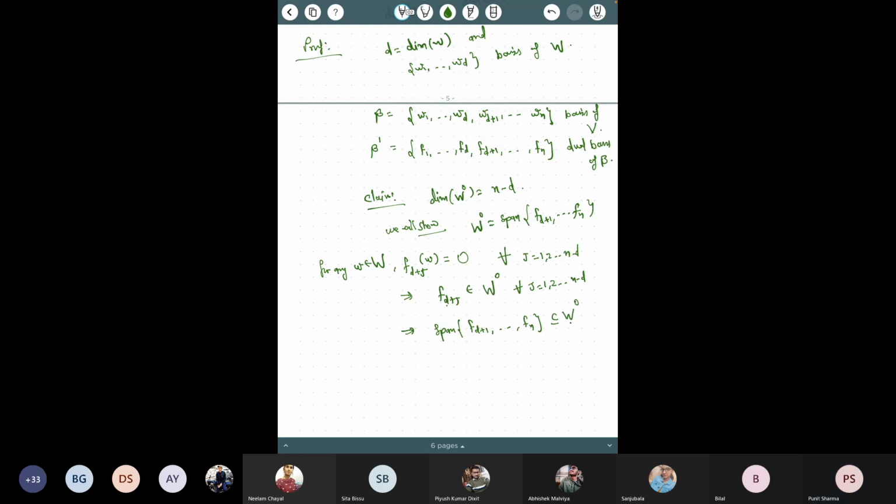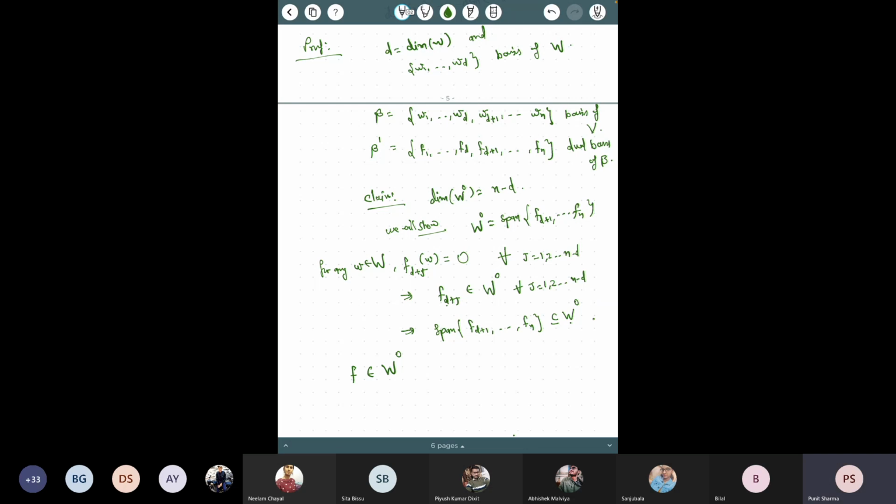Fine. Now how about the other direction? We have to show that the other direction is true. That means if you take any element in W naught, it would be a functional on V. So let's say f is any element in W naught.